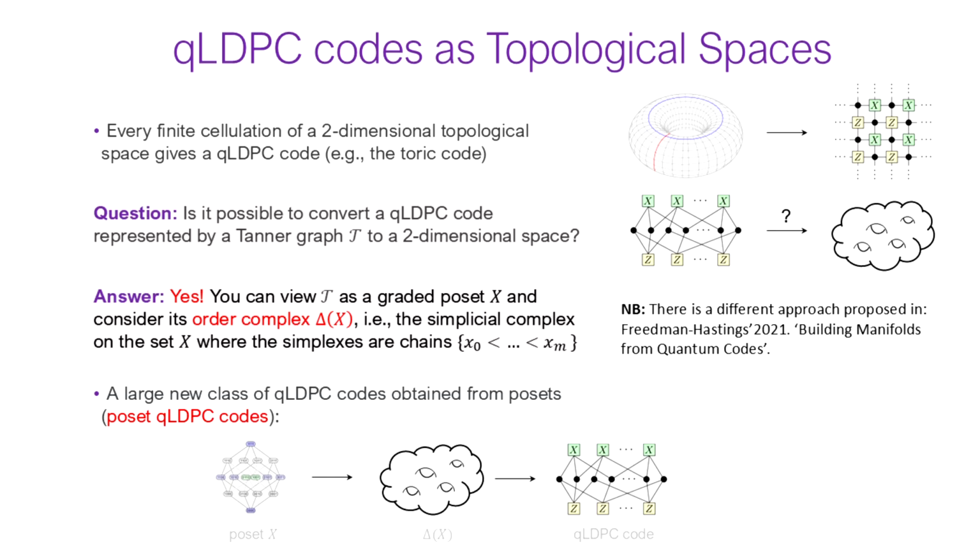Because potentially we can use it to construct a lot of new quantum LDPC codes just by considering arbitrary posets. We know in mathematics there are a lot of different posets, and we can convert them into simplicial complexes, and then obtain a qLDPC code. The natural open problem here is whether we can construct some qLDPC codes of large distances from this.